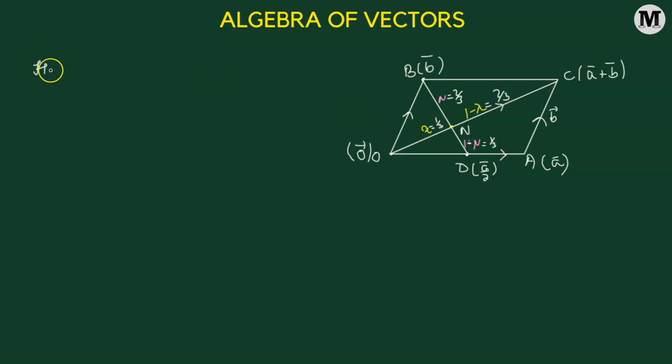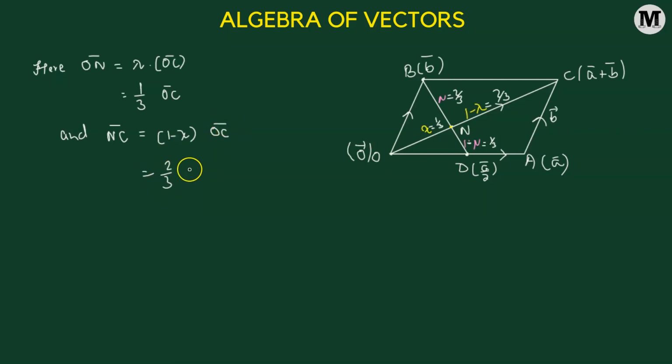ON is going to be lambda times the vector OC, and what is lambda? We have obtained lambda as 1/3, so 1/3 of OC vector. And NC vector is going to be 1 minus lambda times the vector OC. And what is 1 minus lambda? That's 2/3, so we have 2/3 of the vector OC.